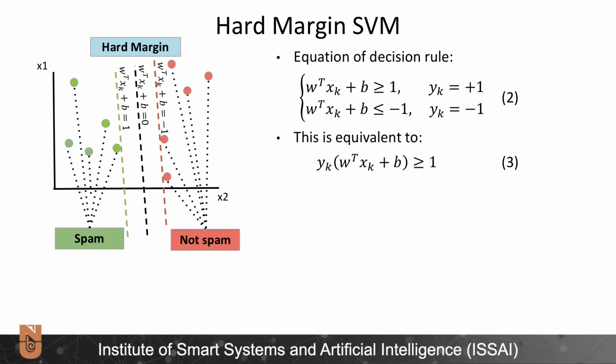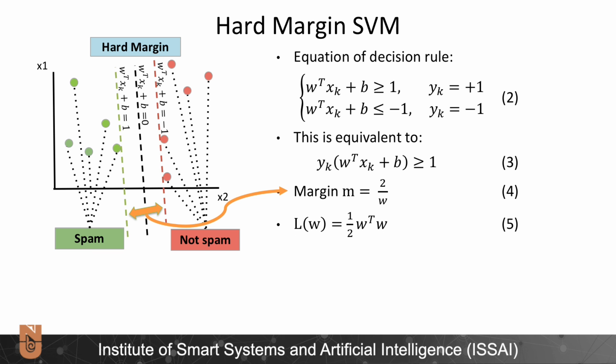These two constraints may be combined into the following one, by introducing yk, which is +1 for positive samples and -1 for negative samples. And the width of the margin will be 2 divided by ||w||. As we mentioned previously, SVM wants to maximize the margin, and it is equivalent to saying that we want to minimize ||w||.